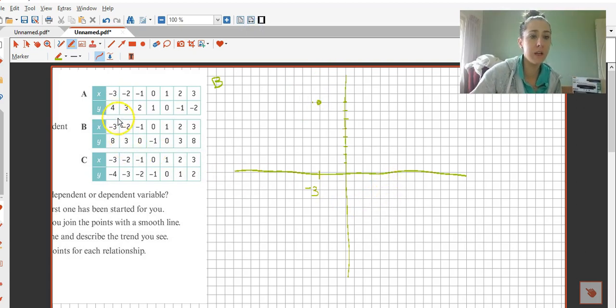All right, so then we come to x is -2 and y equals 3. So 1, 2, 3. So we're here. All right, next up, x is equal to -1 and y equals 0.